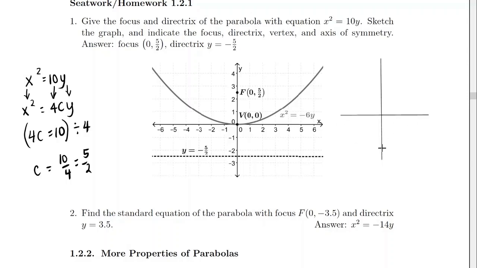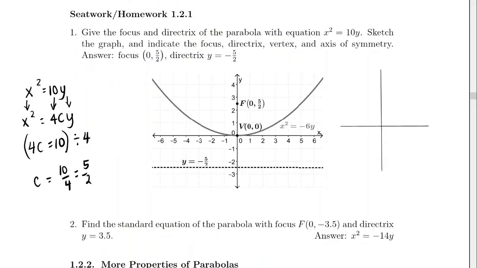Let's make a Cartesian plane in x and y. This is x and this is y. We have the vertex at the origin, we all know that, since it has a simple form of equation. So the vertex is at the origin, (0, 0).